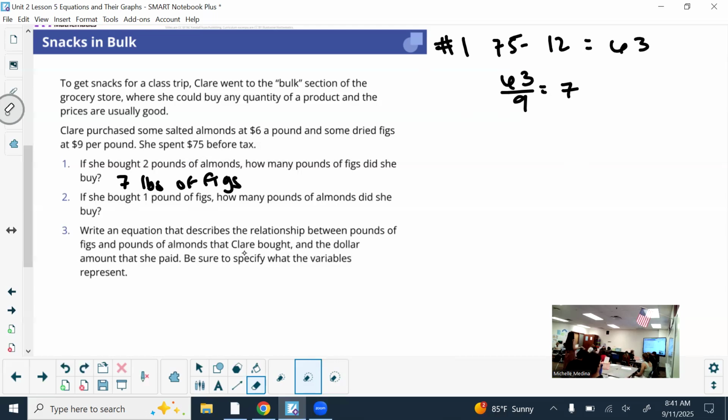And like you kind of saw, and it happened in first hour too, it's hard to keep track of the work that you did to see if it's right, when you're just reasoning about it. And anytime I teach my students how to solve equations, there's always someone that says, hey, Miss Medina, I did it a different way.